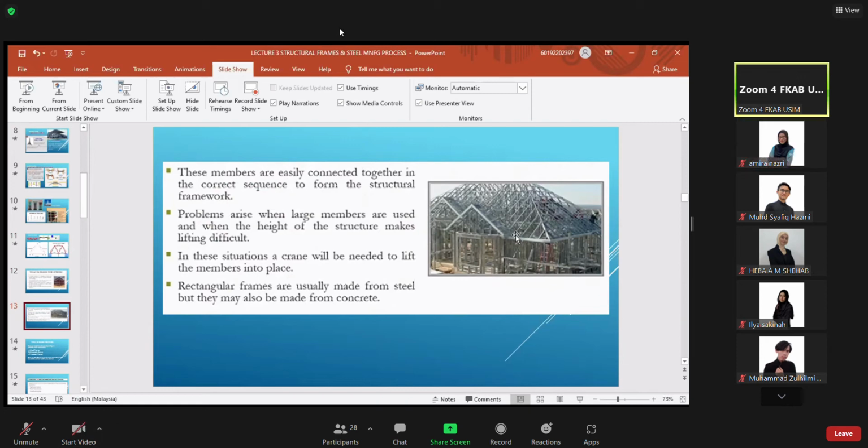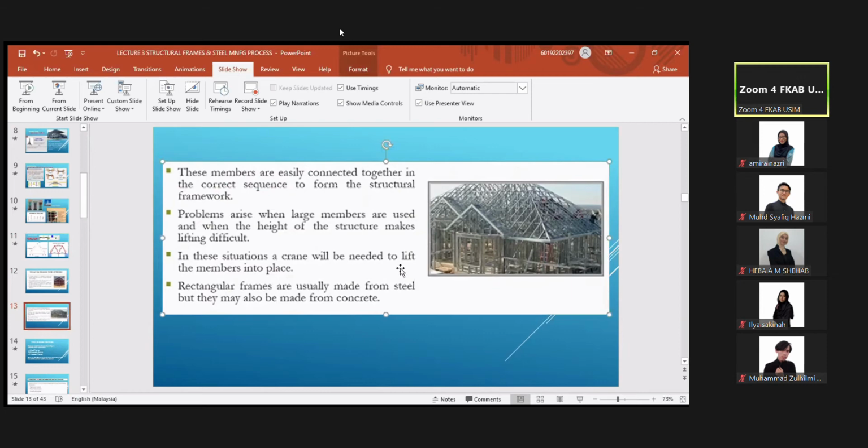So in this situation, a crane will be needed to lift the members into place. Rectangular frames are usually made of steel, but also made of concrete. This is another type of frame which we will talk about afterward.